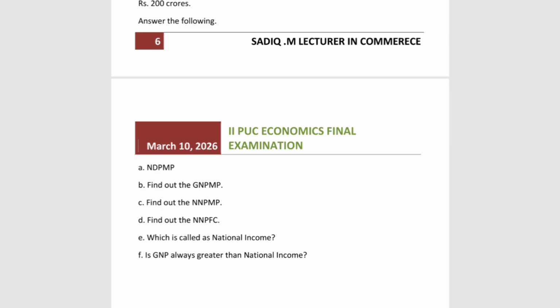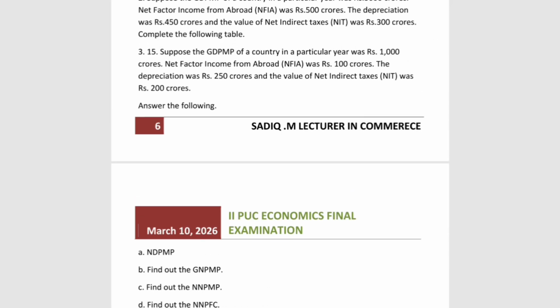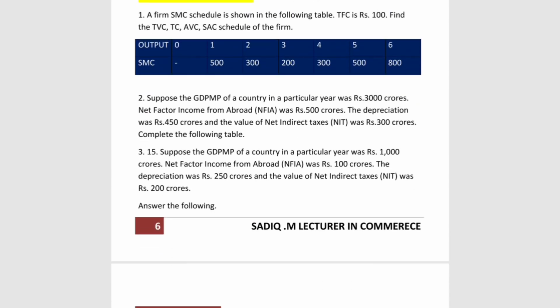Question A, find out NDPMP. Second, find out GNPMP. Find out NNPMP. Find out NNPFC. Which one is called national income? Is GNP always greater than national income? So these are all the important 6 marks problems.